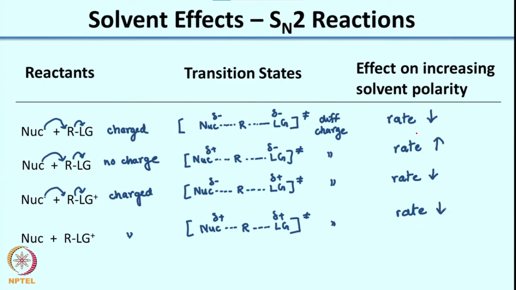Now here we are talking about solvent effects again. Suppose we have a nucleophile attacking our reactant, and the leaving group is eliminating, right? So here you can see this is a charged species, right?